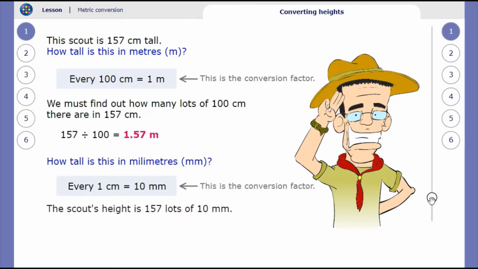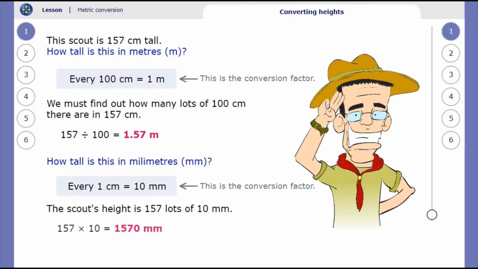So we need to do 157 times by each 10 millimetre amount that we have, times it by each centimetre, which is 10 millimetres, which ends up with 1,570 millimetres, which is how tall he is. So there we can see we've done a division and a multiplication.